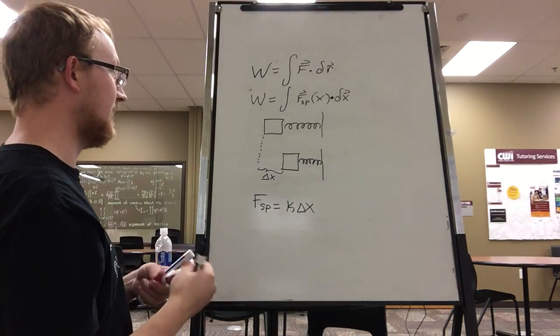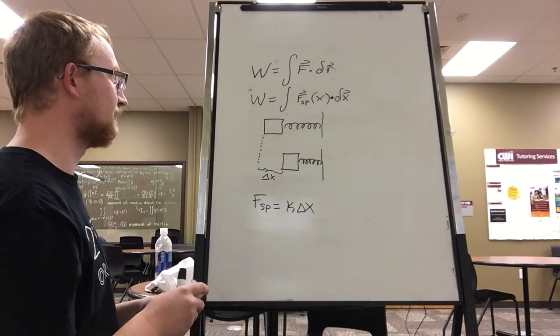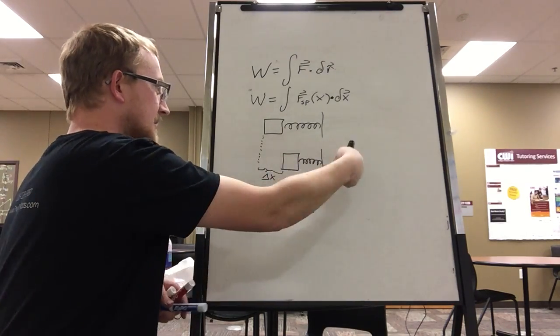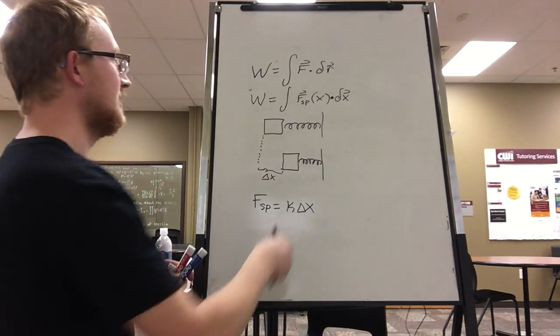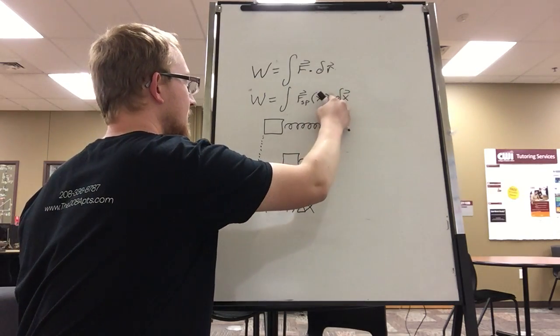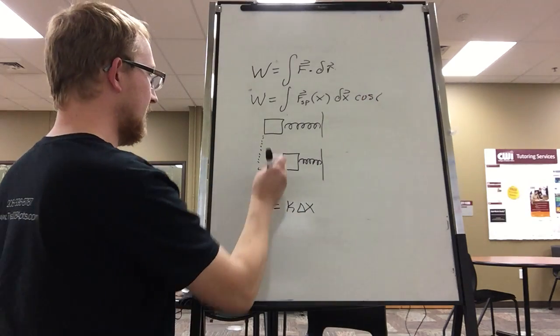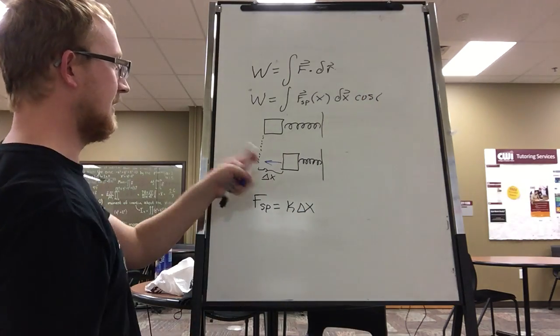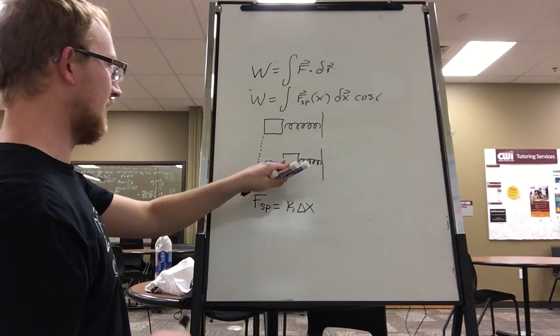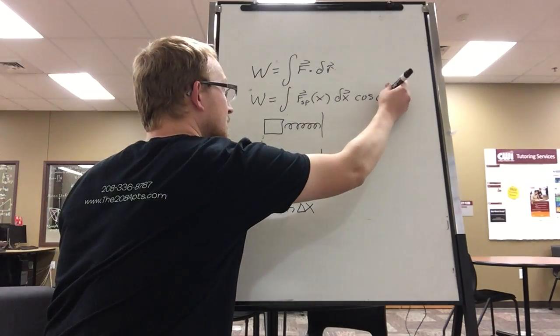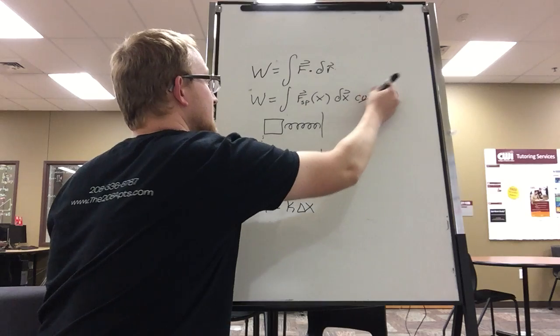Now, let's say that we are applying our force. Well, the spring's always going to apply its force in the x direction, so cosine of theta, for example, here the spring's pointing this way, and the angle between the force and the displacement is just 0 degrees.